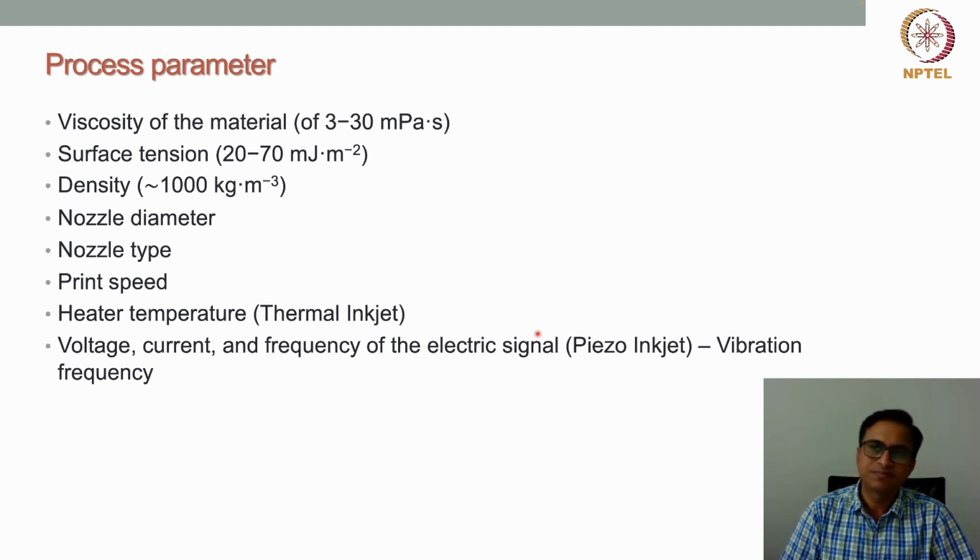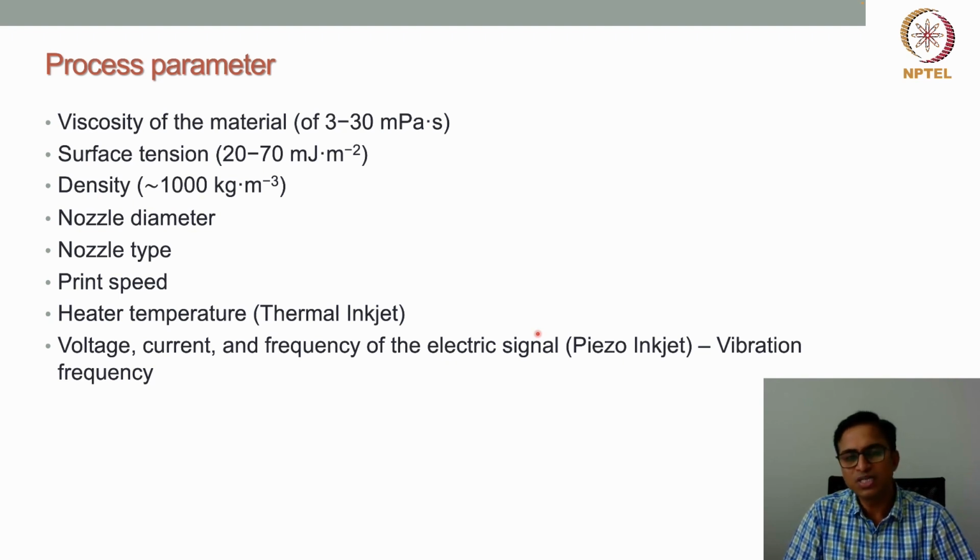One important thing to remember when using any 3D printer or any 3D bioprinter is that they work on certain process parameters. There are certain process parameters that we can control while using this kind of printer for certain applications. These are the process parameters for inkjet 3D printing, like viscosity of the material.